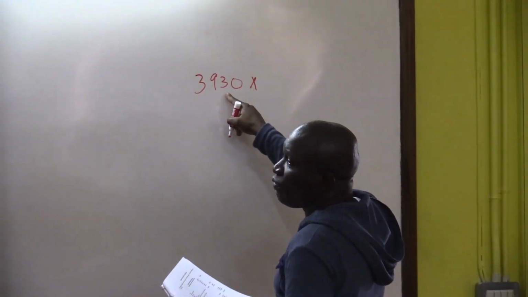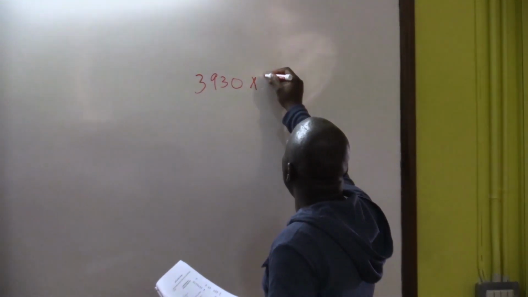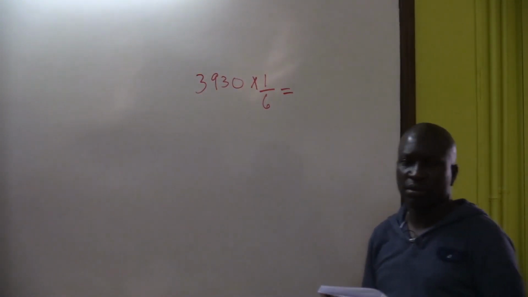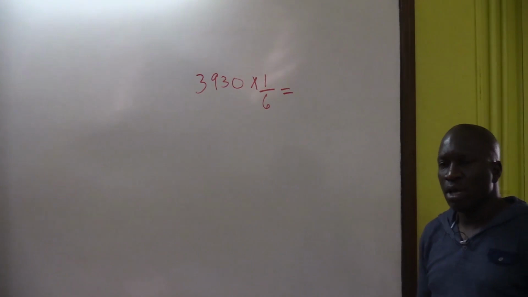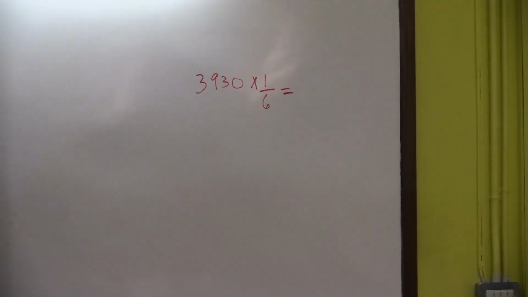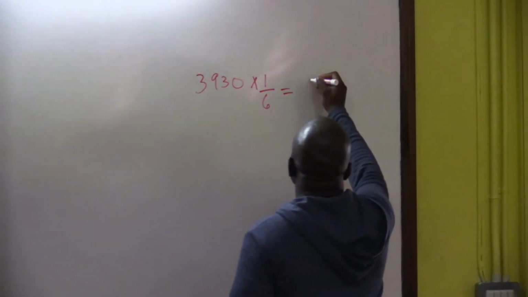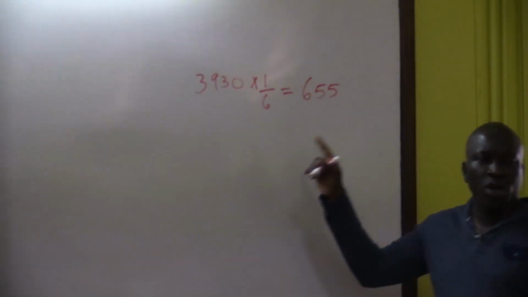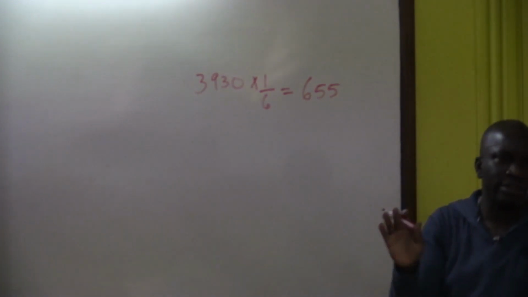This is the supplies figure on the trial balance, 1/6. Tell me what you get, please. How much? 655, right? So I have 655. They said 1/6 remains.